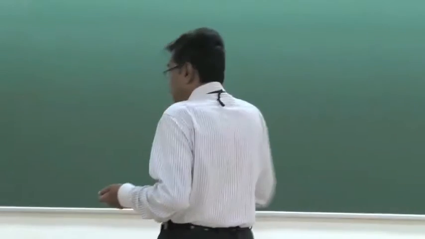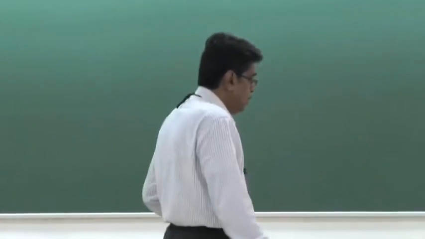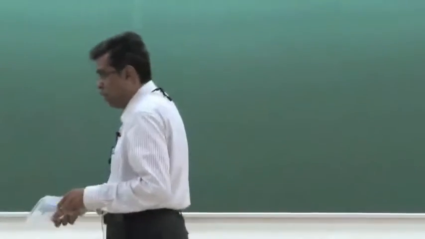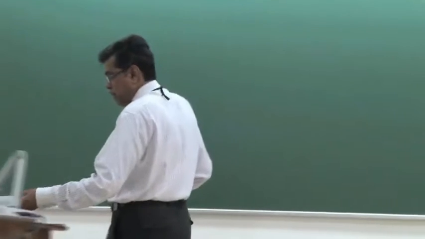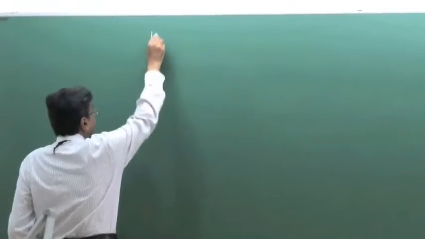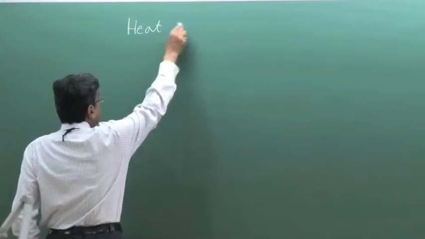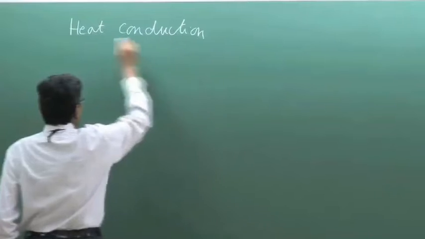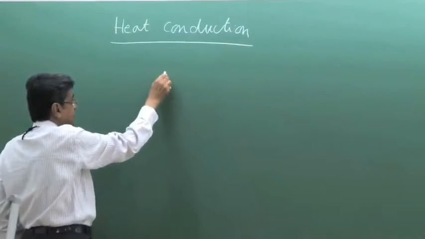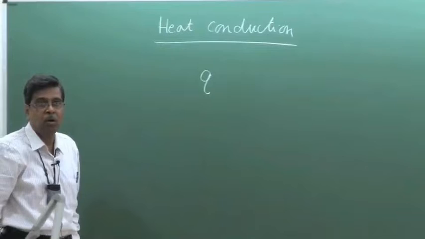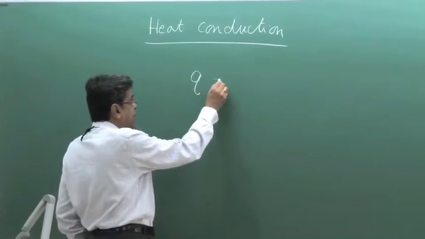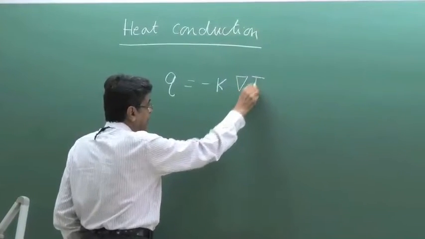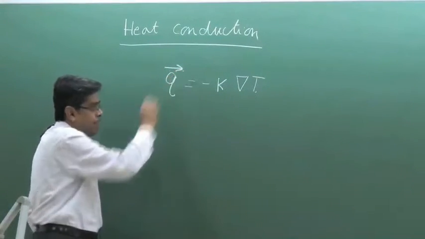Now if we think of the heat conduction again, then we have seen that the heat flux, that is the heat transfer per unit area normal to the direction of heat transfer, is minus k grad T, where the heat flux is taken as a vector.